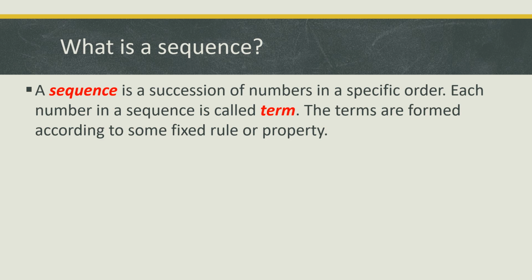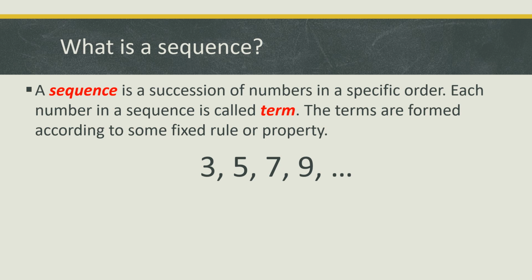The terms are formed according to some fixed rule or property. That fixed rule na tinatawag is what we call a pattern. So, kailangan mahanap natin yung pattern para matawag natin siyang sequence. Right? So for example, I have here the numbers 3, 5, 7, 9, and this is called a sequence.